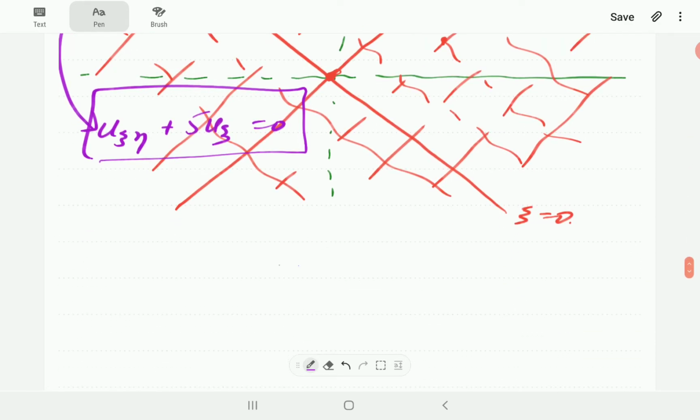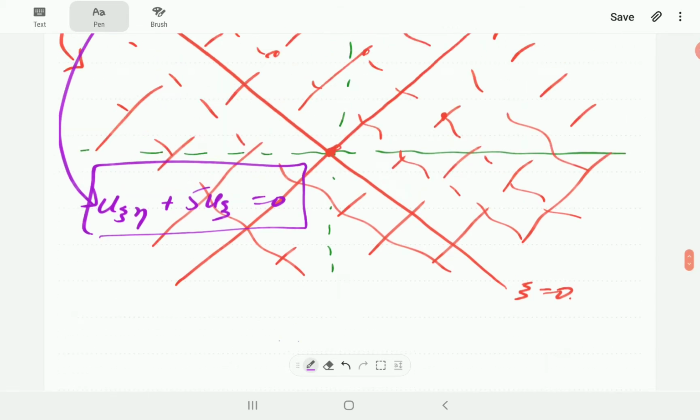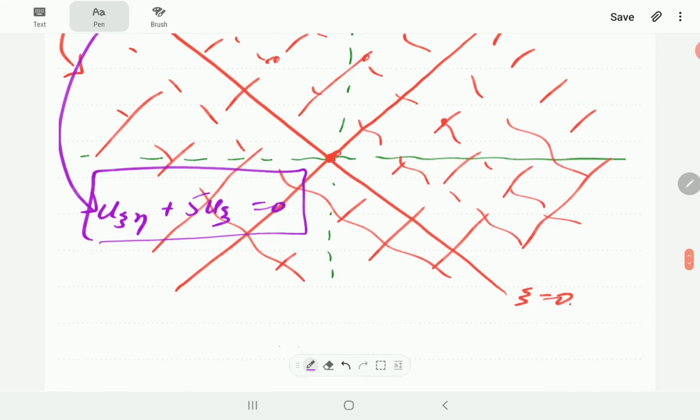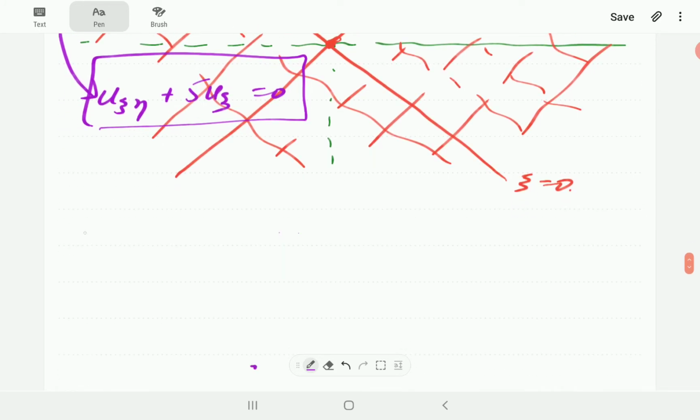Okay, so we thought let's just comment about the theoretical framework of these canonical variables. So you take the PDE from your rectangular coordinate system xy to your canonical coordinate system xi eta. The PDE simplifies considerably, and then we can now integrate it.